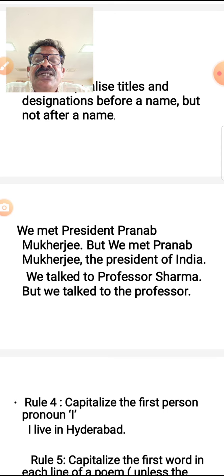Professor is also a designation, the highest designation at the university level. So that is why P should be in capital letter, and once again Sharma, the name, is in capital form.